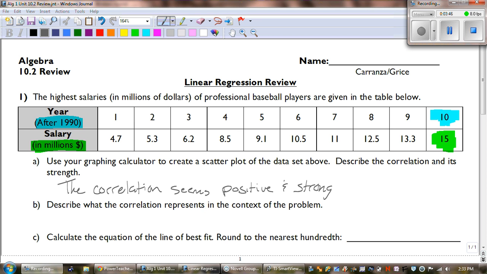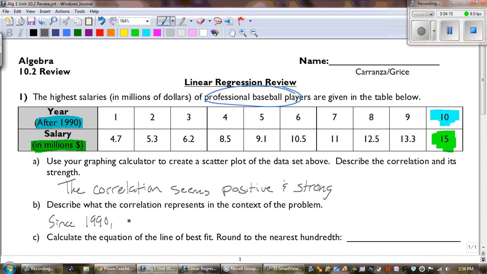Now, what does it mean in the context of this problem? Well, what time are we talking about? Since 1990. Who are we talking about? Professional baseball players, guys.